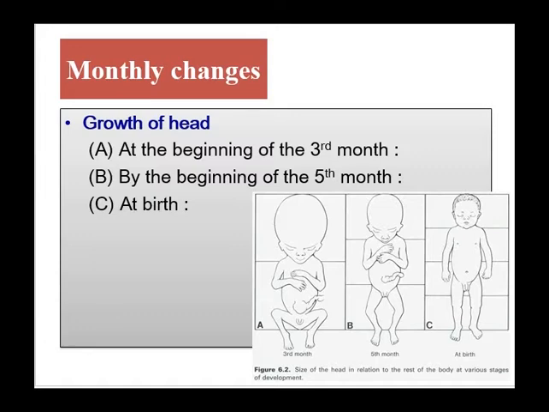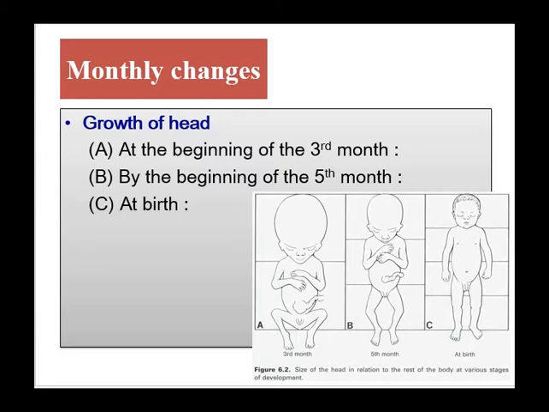Here in this figure, we can see the fetus in the third month, and we can see the size of the head compared with the rest of the body. Nearly half of the crown rump length is occupied by the head, and the other half by the rest of the body.